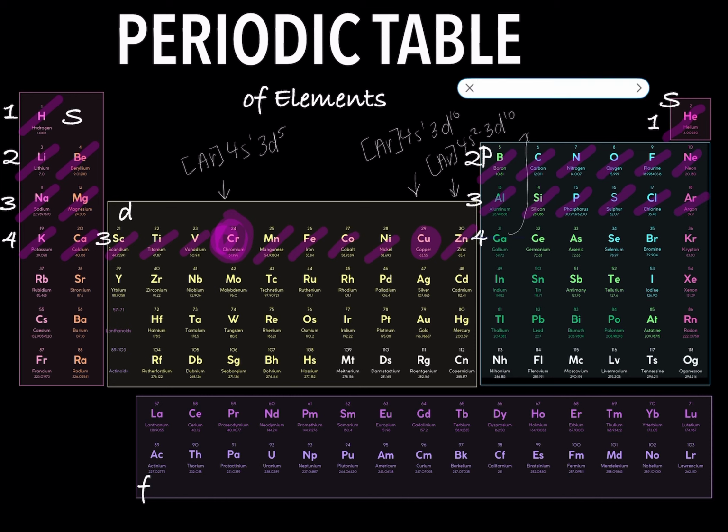You go back, and then again, it's going to be argon, 4s2, 3d10. And then you're going to go 4p1. So again, I'm going to write now for argon, 4s2, 3d10, and then again 4p1. So I hope this helps you understand how to do electron configuration.